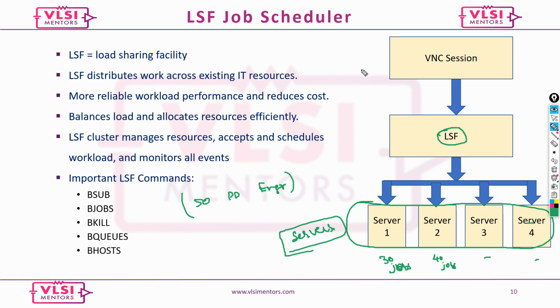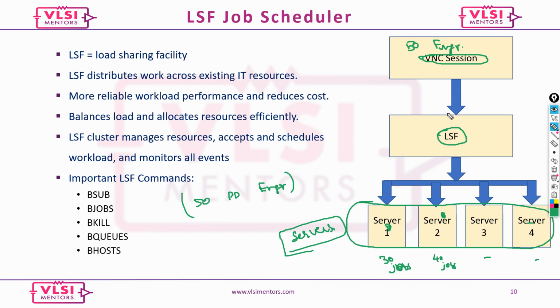So when you fire a placement run, it actually goes into a server. Now say another person fires a routing run. That might go into server 2, because all 50 engineers will have a VNC session individually, and they fire the job.